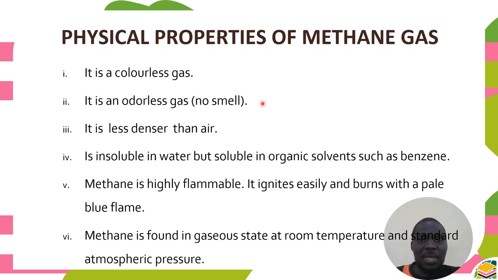The methane gas is a colorless gas. It is an odorless gas, it means it does not produce any smell. It is less dense than air. It is insoluble in water but soluble in other organic solvents such as benzene. It's insoluble in water because it does not form ions and it is a nonpolar compound.